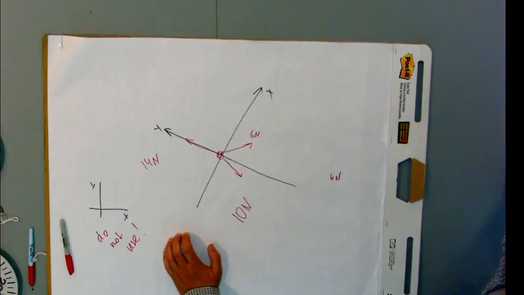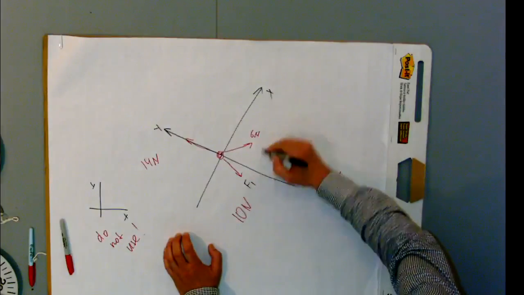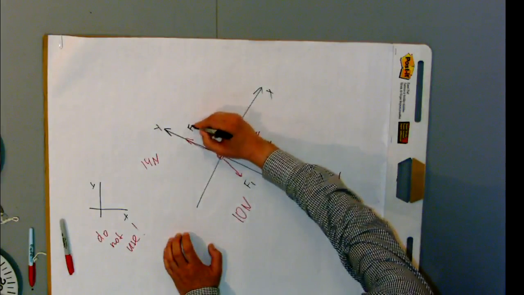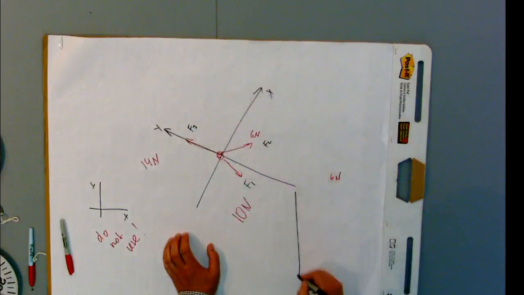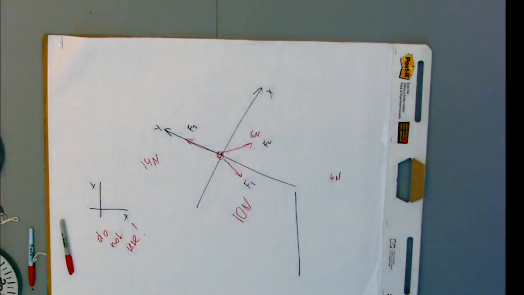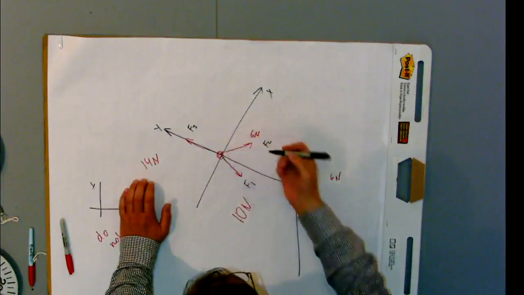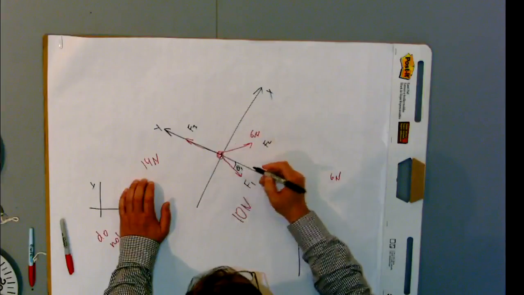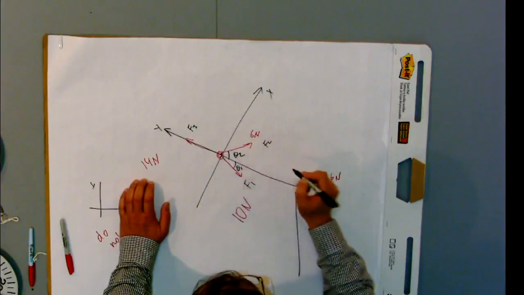So what do we see now is, well, 1, 2, 3. Of course we need to measure angles. Let's say this is theta 1, theta 2.